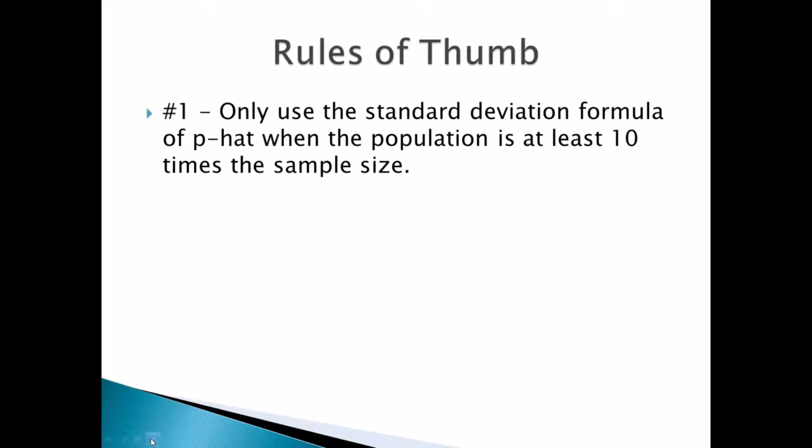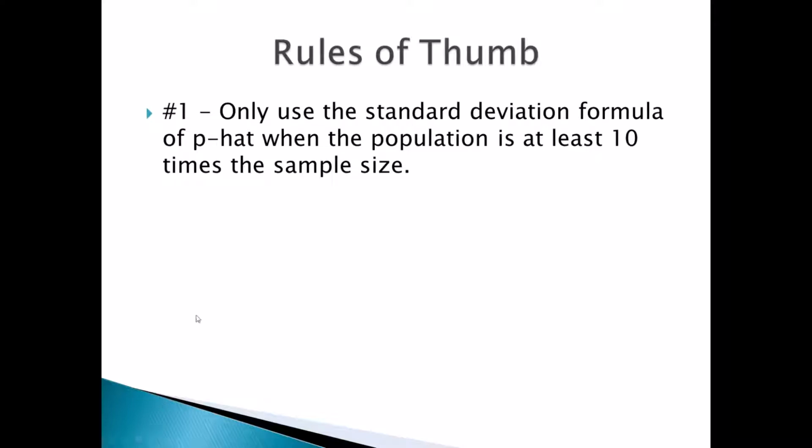Okay, we've got 2 rules of thumb, and these are going to be things that will enable us to do normal calculations, that kind of thing. Eventually, these things will become assumptions for inference, and we start inference Thursday of next week.